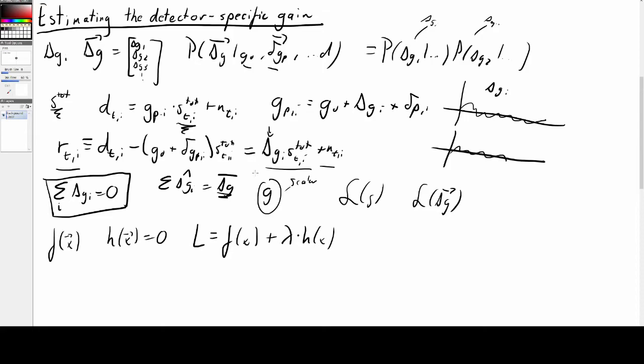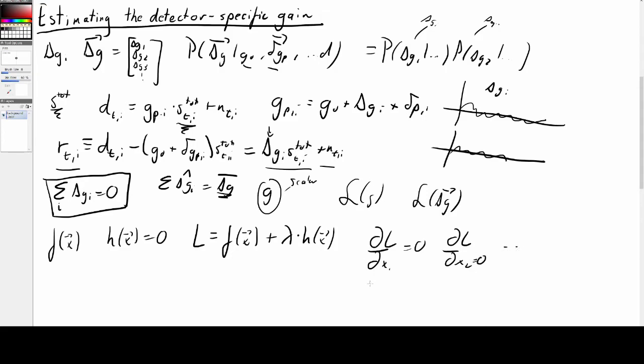constraint function. And the method of Lagrangian multipliers says basically that in order to minimize your function f of x subject to h of x, you need to take the partial derivatives of your Lagrangian with respect to x1 and set that equal to 0, x2, and so on.